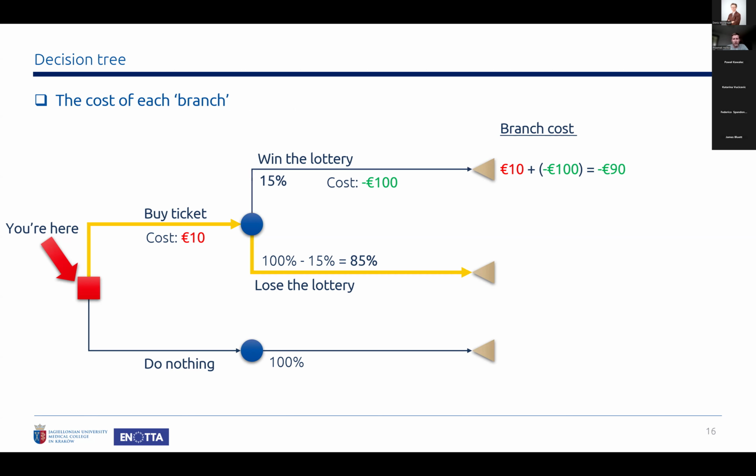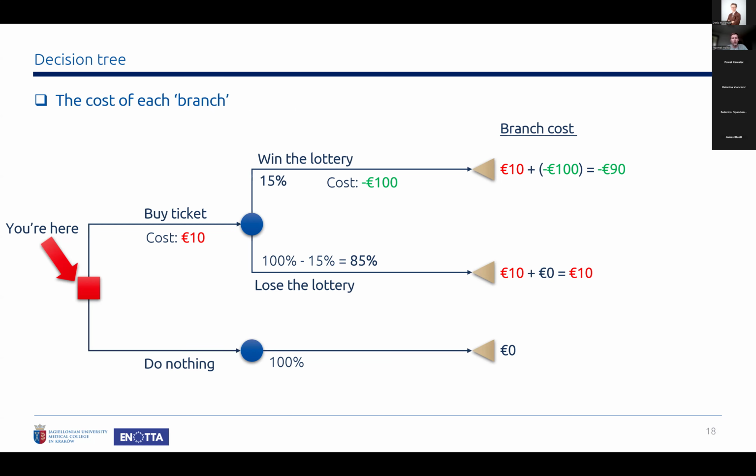In the second branch, the losing branch, we have only one cost. This is the branch where we pay for the ticket and we win nothing. So the branch cost is just the 10 euros spent on the ticket. And for the do nothing choice, there are no costs, so the branch cost will be 0.